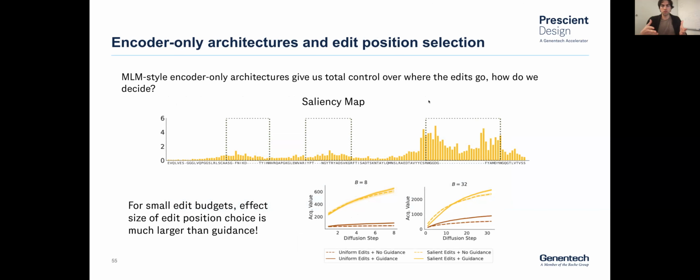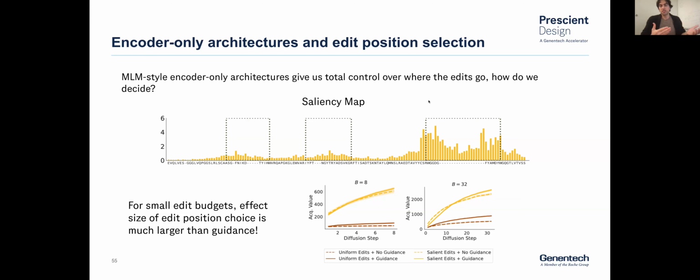So if I get told, don't make any designs with more than 8 edits, that's easy for me to do because I can just put a maximum of 8 masking tokens in the sequence. That's all very well and good, but it puts more burden on me to choose where the masking tokens are going to go.